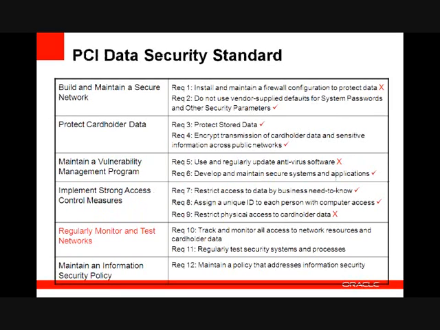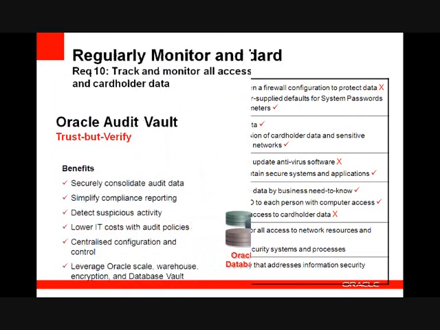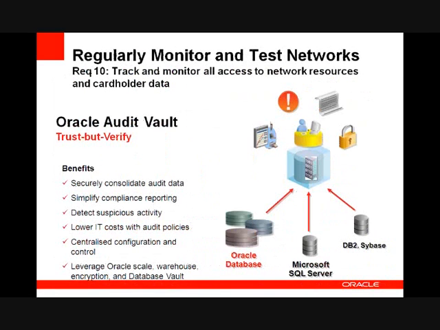Clearly one of the keys to all of these solutions, just like any compliance and security initiative, is that once you've done a large amount of protecting your systems and blocking down potential unauthorized access, you've actually got to track and monitor. So there's clearly going to be an element for it. So the first thing is actually being able to fulfill this requirement to track and monitor all access to network resources, and especially cardholder data, whether that access was successful or not.